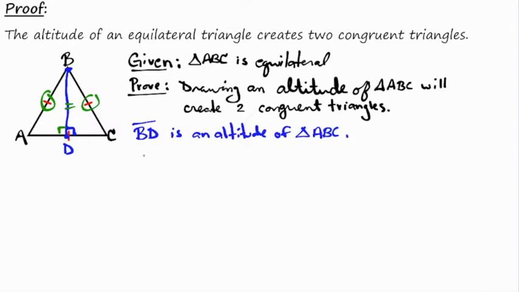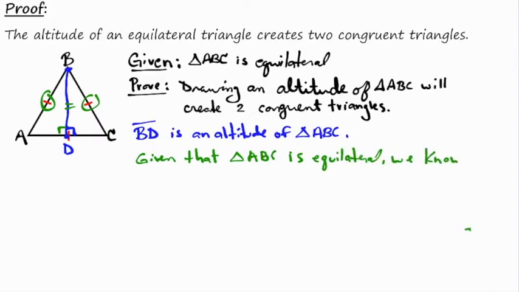So, given that triangle ABC is equilateral, we know that AB is congruent to BC by the definition of equilateral triangle.